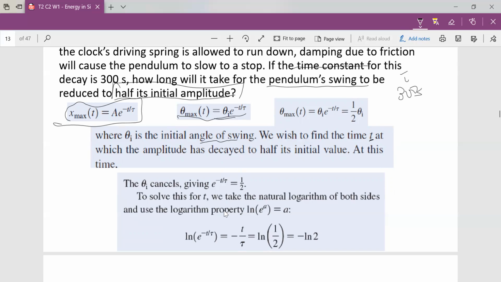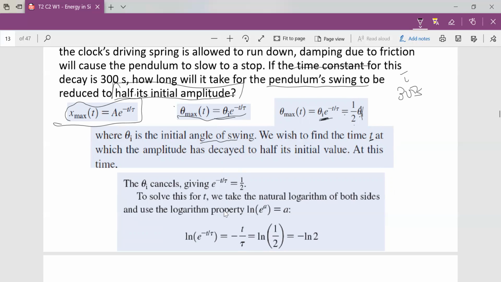So putting that into this equation, we have this θ max to be equal to half theta. Now we got this half theta because that's what is given, half the amplitude. So we just assume that the amplitude is half the value that was given.